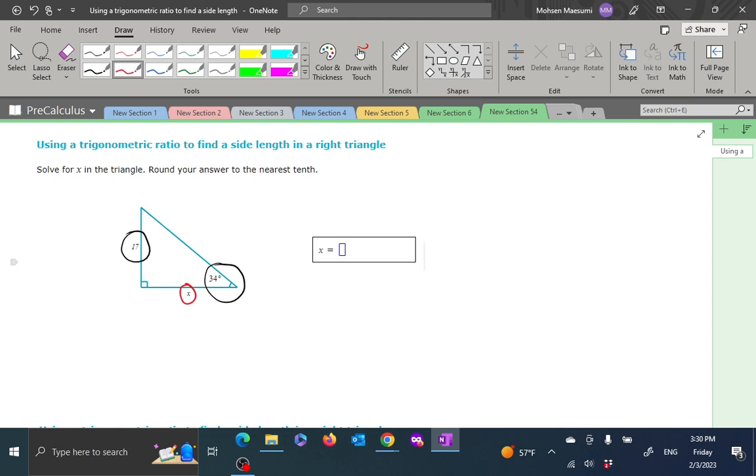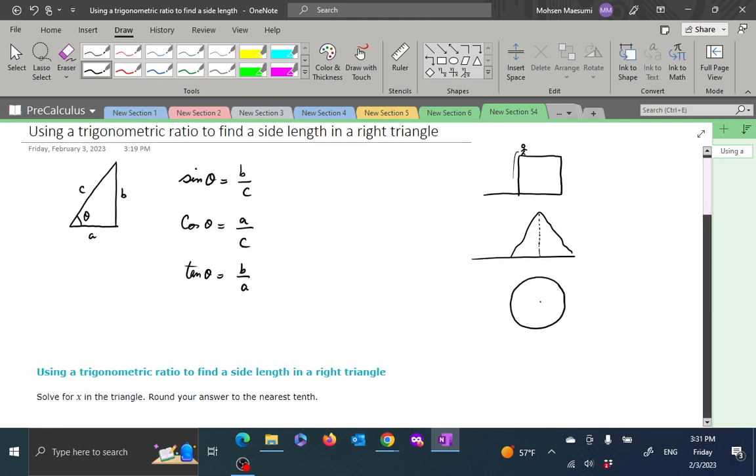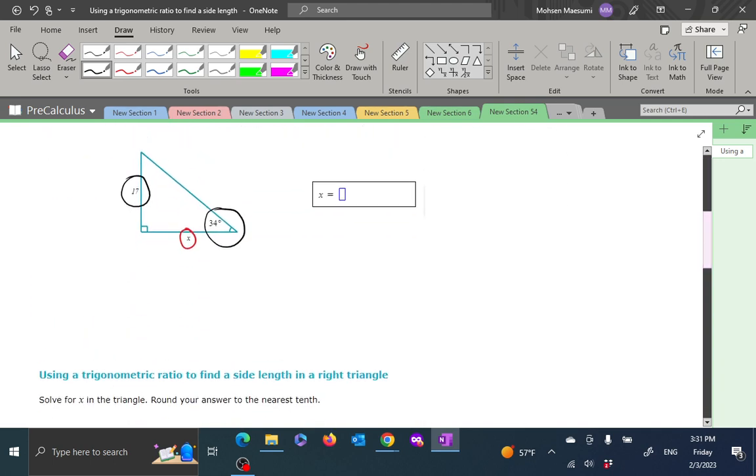The best thing to do is to write the relationship between these three using the three basic trig functions, whichever of them works for you. I have an angle, the other item given is the opposite, and what I'm looking for is the adjacent. These are the three characters in my problem.